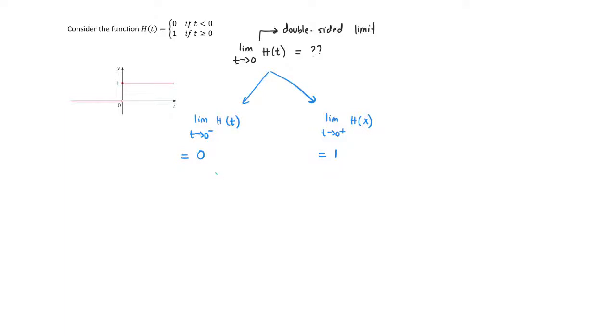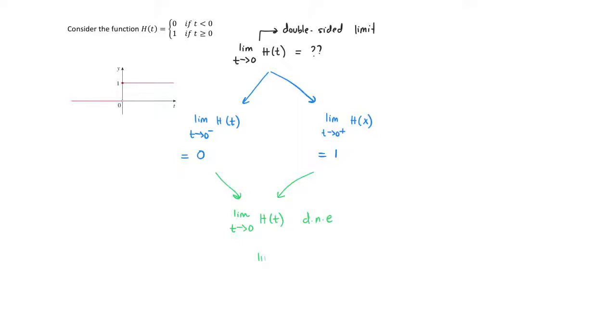Well then, what does that mean? That means that the limit as t approaches 0 of h of t, the double-sided limit, does not exist. Why?